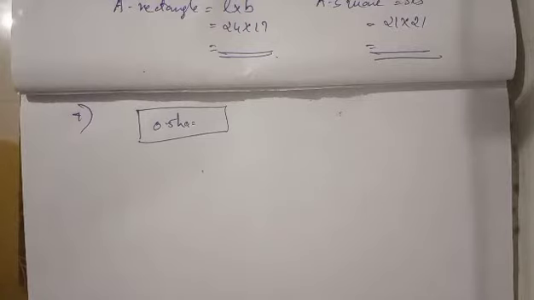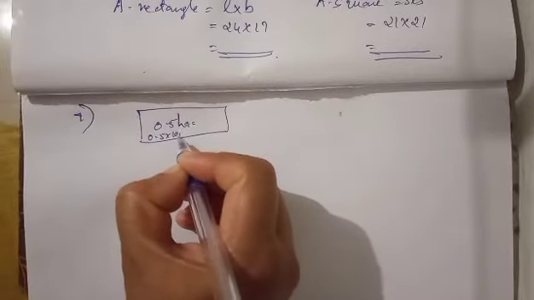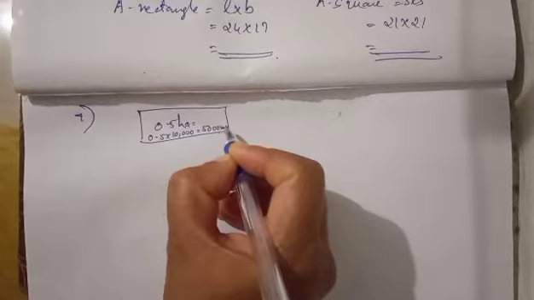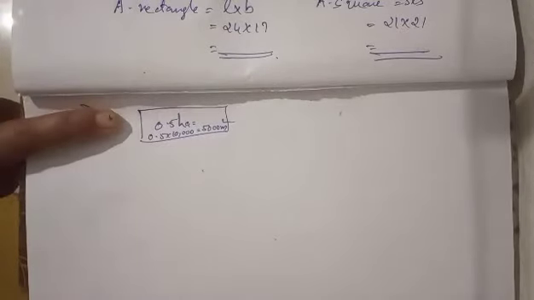Is dash meter square is 1 hectare. Studied last class. 10,000 meter square. So 0.5 into 10,000. So 5,000 meter square. You will get the area of the rectangle is 5,000 meter square.